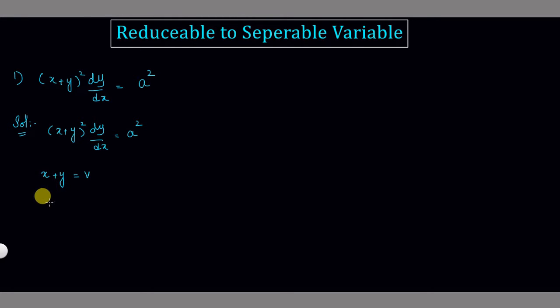Now differentiate this equation with respect to x, and what we will get? 1 plus dy by dx, which is equal to dv over dx.